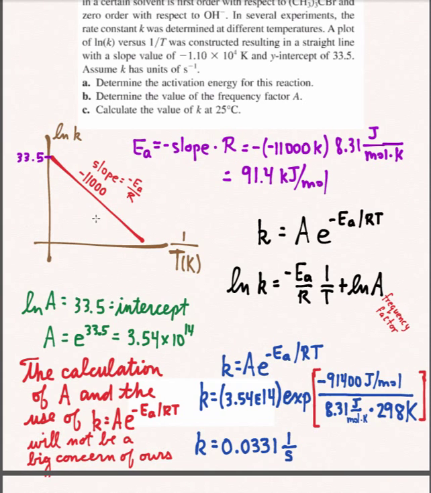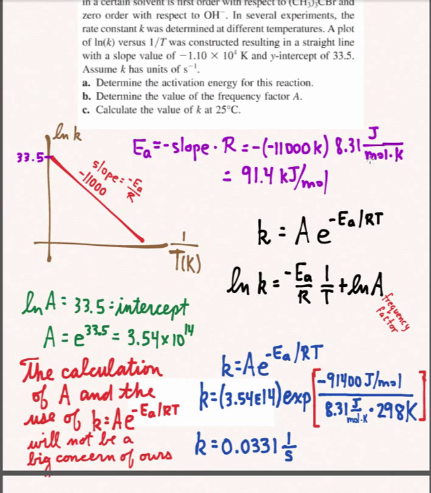And that straight line has a negative slope, and that slope is equal to the negative of the activation energy divided by the gas constant. Previous to this, we had no idea how to calculate the activation energy, but if I measure the rate constant as the temperature gets warmer and warmer, or colder and colder, and I just linearize the data like this, I can indeed theoretically find the value of the activation energy.